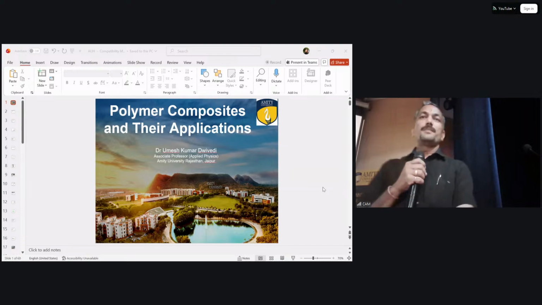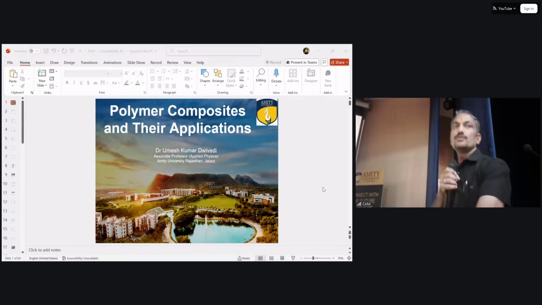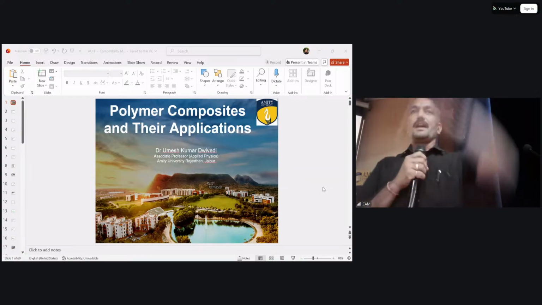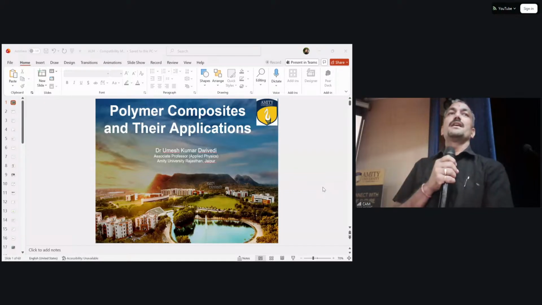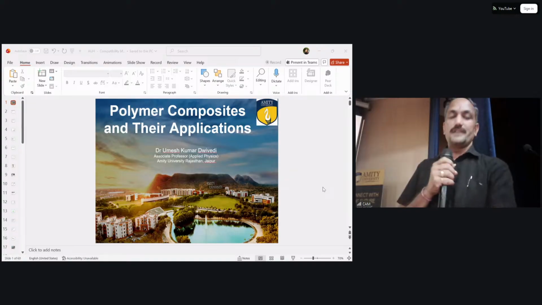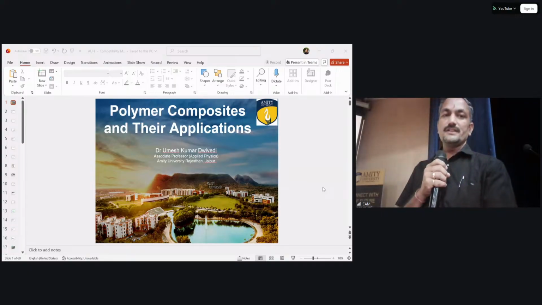Like FRP shelter: if you want to make any shelter at a higher altitude, then it is very lightweight and reassemblable. And you can easily carry this in a small area, and you can construct easily.